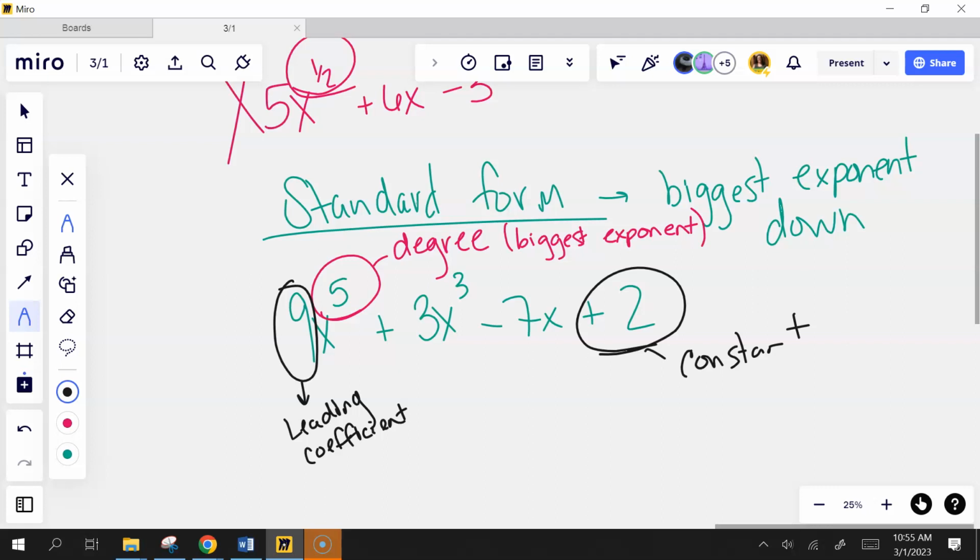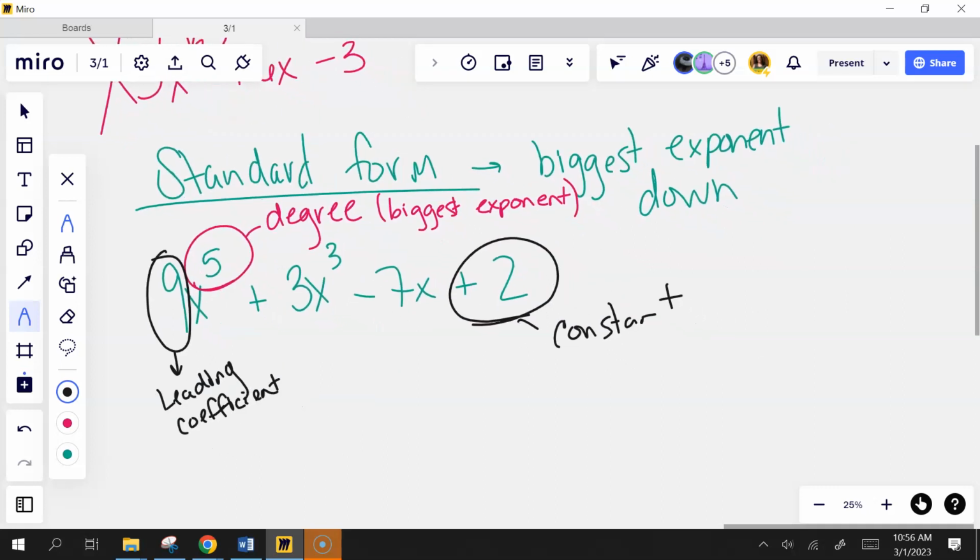Can you identify those 3 things in any polynomial that I give you? Okay. If not, speak up. Make sure you speak up and let me know. All right, we're going to use these. This is why I make sure you understand that vocabulary. We're going to use these to classify our polynomials. Y'all got that?